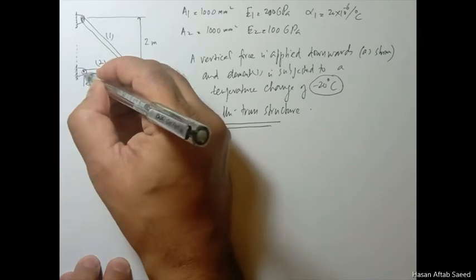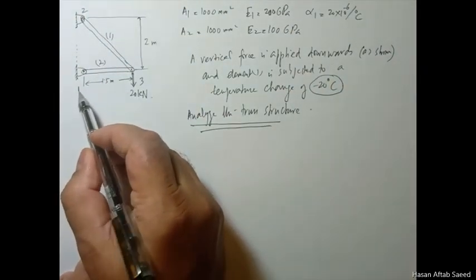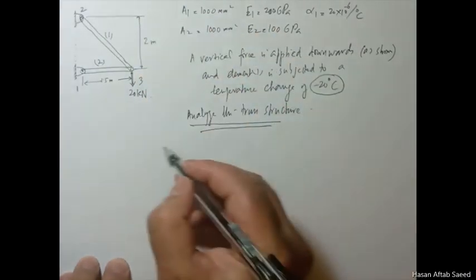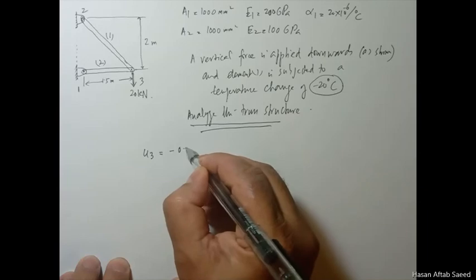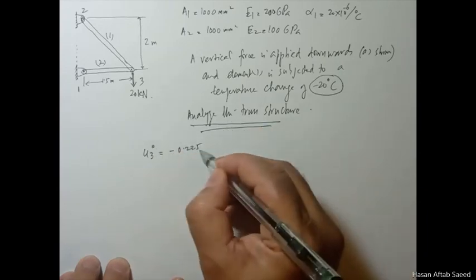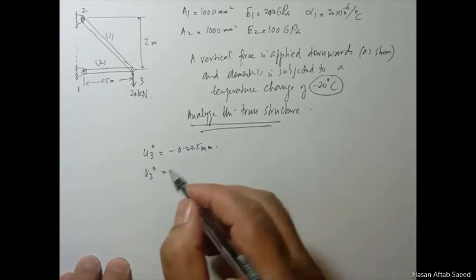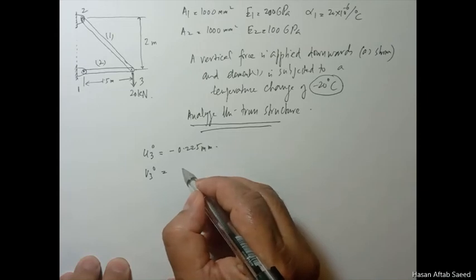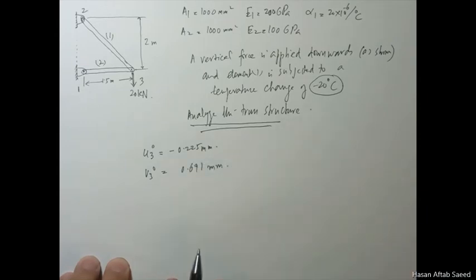In this, if I say this is node 1, this is node 3, and this is node 2, then obviously u1, v1 and u2, v2 will be 0, so the u3 will be minus 0.225, and v3 will be 0.69.